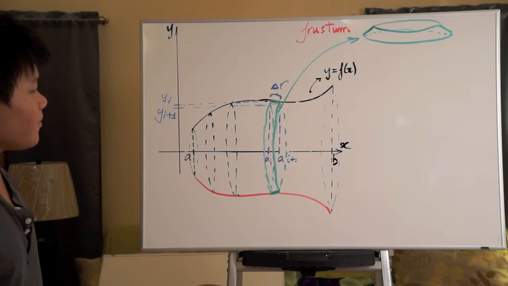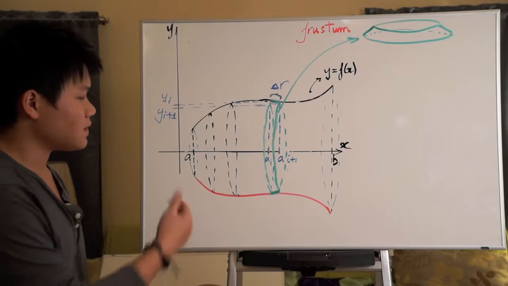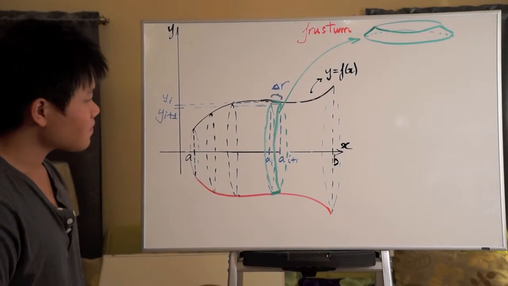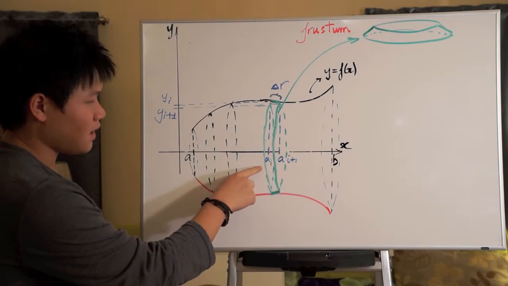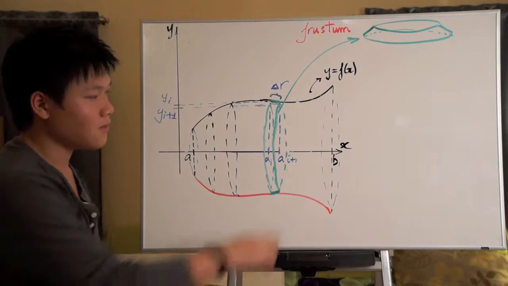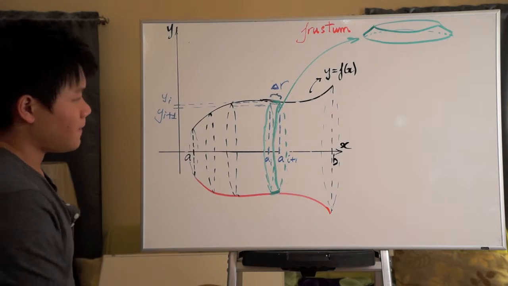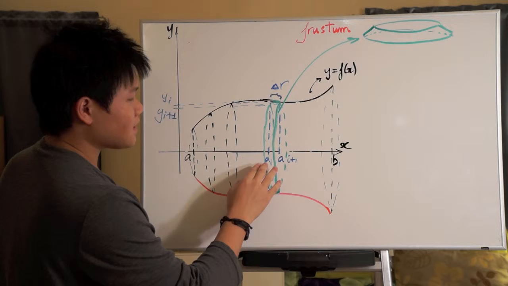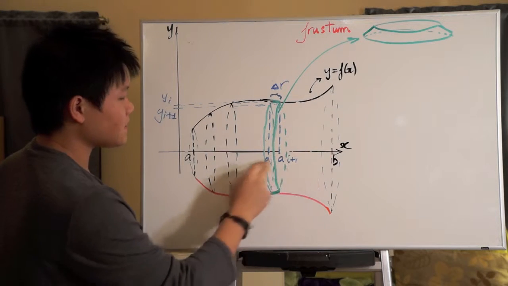So from a to b, we know that the graph is revolving around the x-axis. For some values of x, let's say x sub i and x sub i plus 1, it's continuous, right? So there's a y value corresponding to each x value.